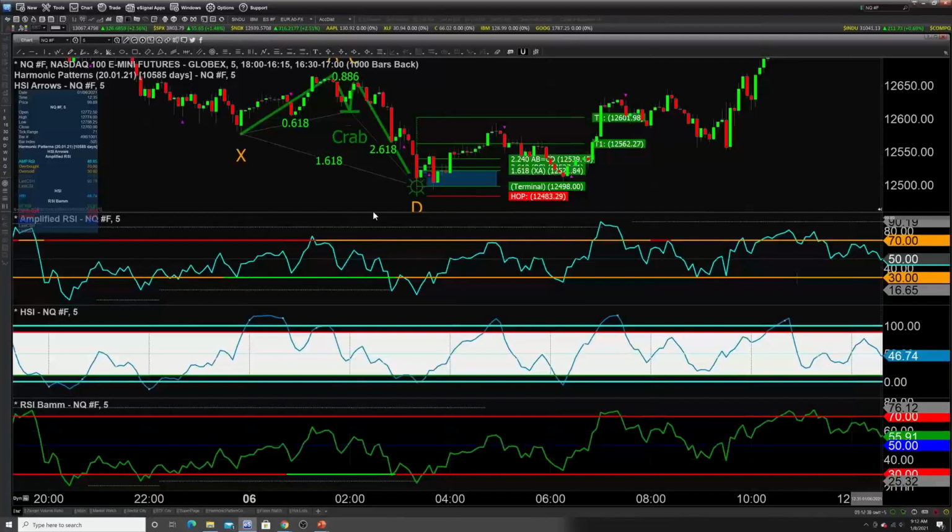And again, I'm going to direct your eyes to start focusing on these specific things that show up in the program. In this instance, not only on regular RSI, but amplified, we have an RSI BAM, and I'll review that tomorrow in our next session. But the important aspect from a signaling standpoint is that the green line stops right there. We start looking to the right of that green line, just the same way we start looking to the right of the terminal bar.